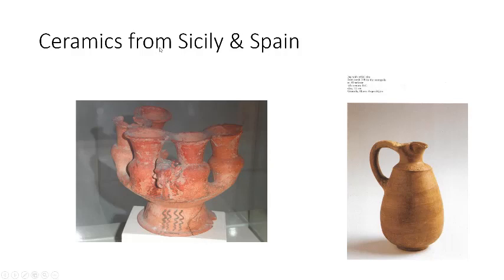Here's a couple of ceramics from other places in the Western Mediterranean. The bottom left one is from Sicily, from the Phoenician site of Motia, and the right one is from a necropolis at a Phoenician settlement in Spain.